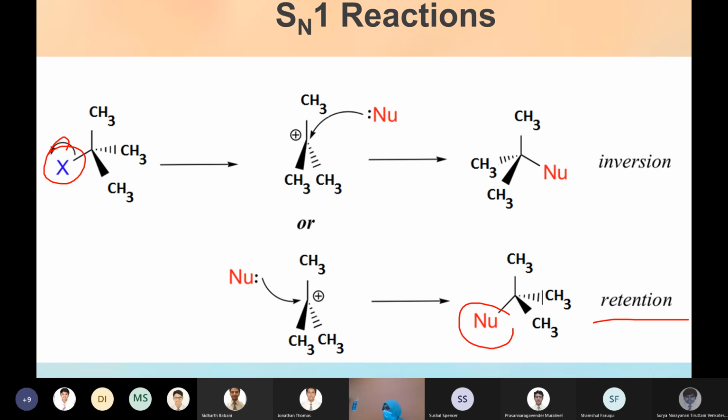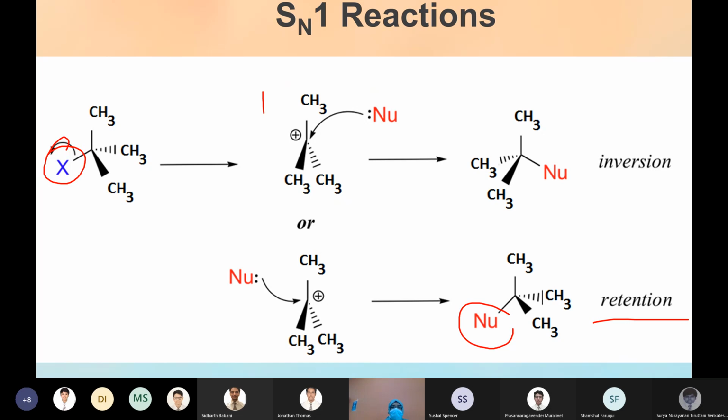This is what you have to write as a mechanism if they ask, because this is how you will show the attack on the molecule. Because if the question is related to the stereo aspects of this reaction, this is what you have to show, because there are inversion and retention, both possibilities with the SN1 mechanism.